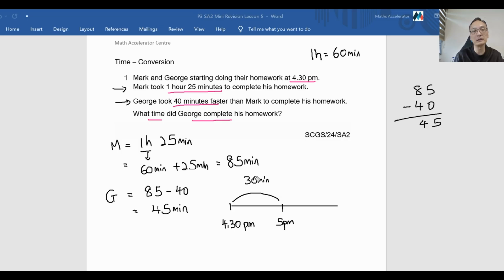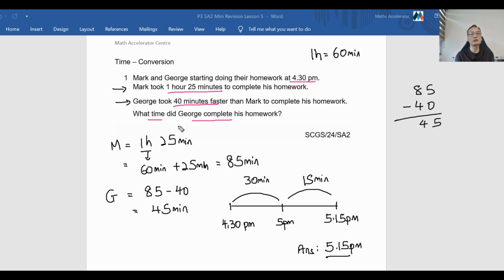So 45 minus 30, we need another 15 minutes. So here will be the end time. So 15 minutes after 5 o'clock will be 5:15. So the answer for this question is 5:15 p.m. So that's the time that George completed his homework.